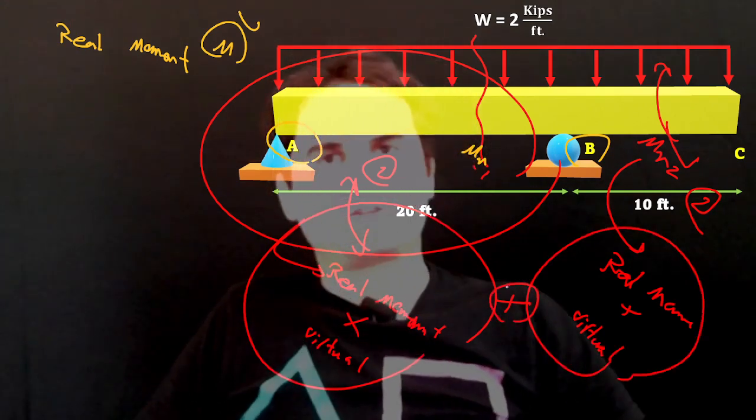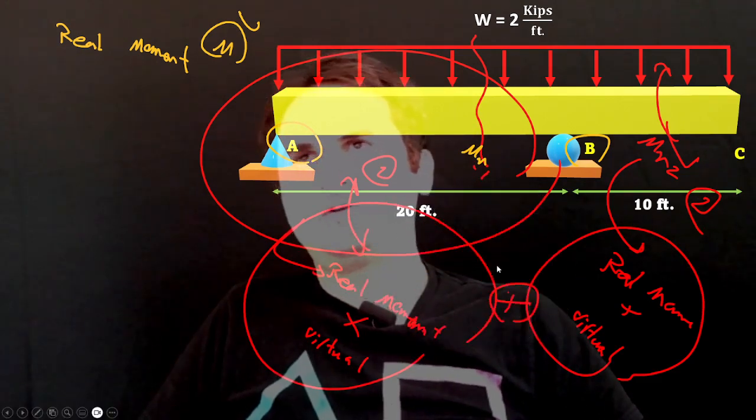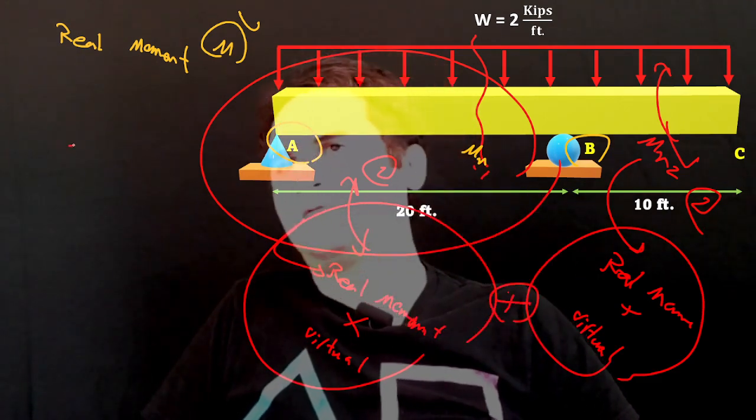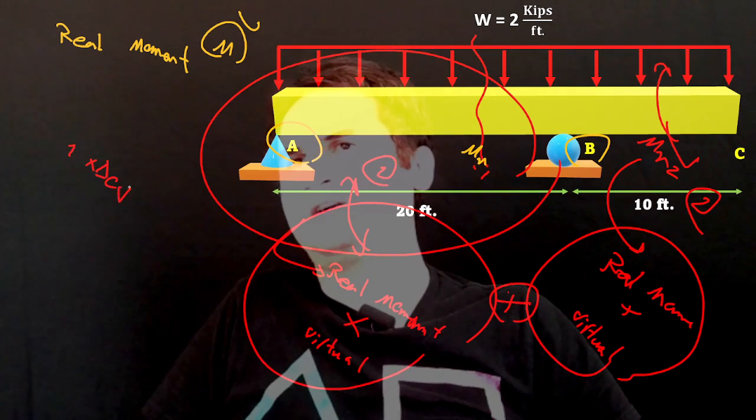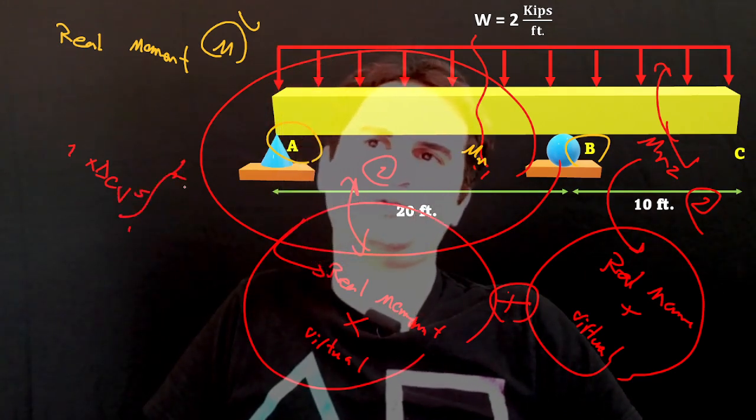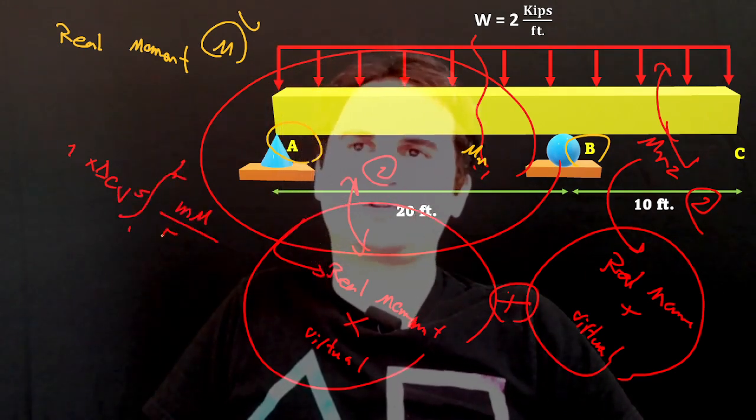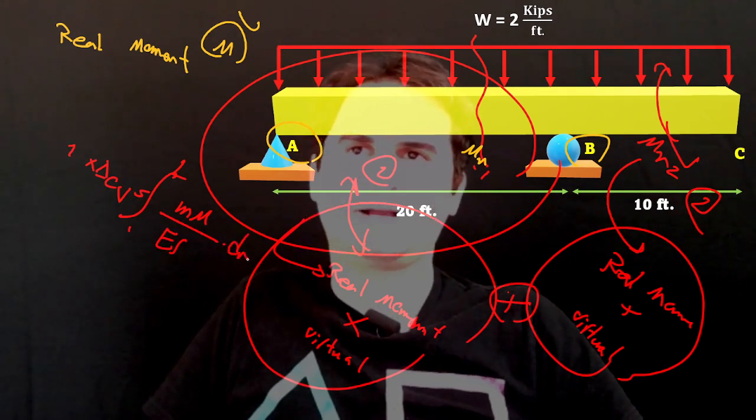If you add these two up by superposition, it gives you 1 times delta C vertical is equal to the integral from 0 to L of small m capital M over EI dx.